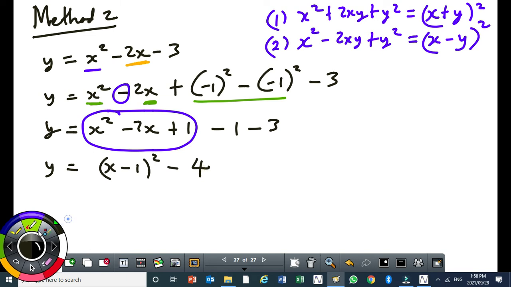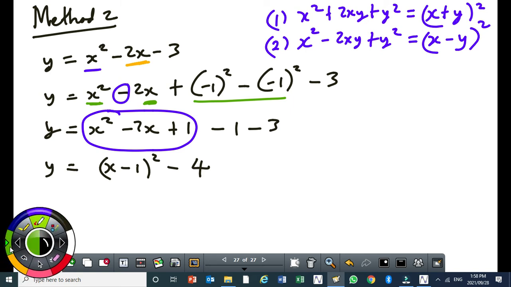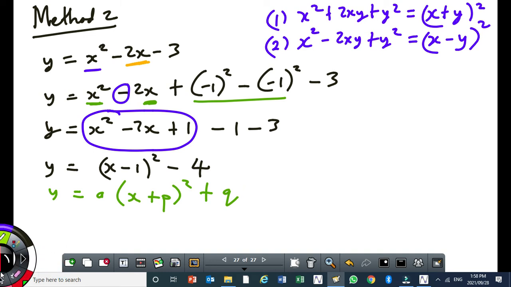Now, compare with the general equation of the turning point form: y equal to a(x plus p) squared plus q. Since there's a minus 1 here, p is negative 1, but x at the turning point is positive 1.